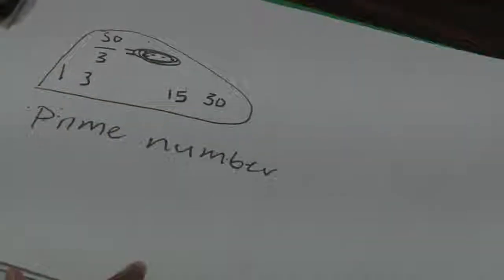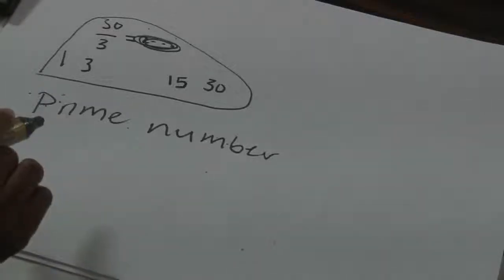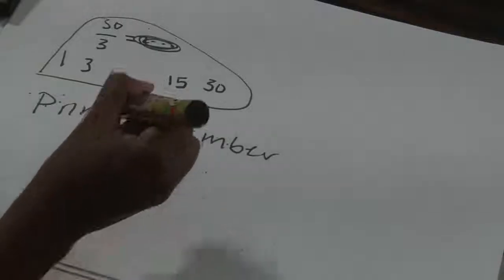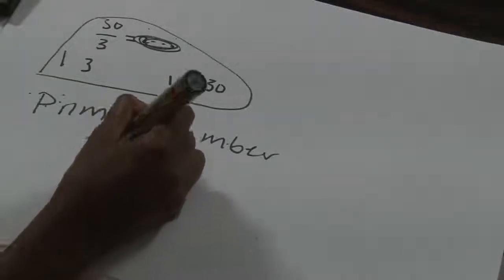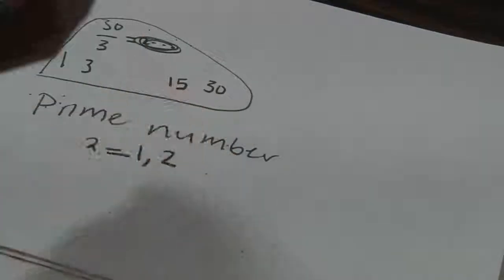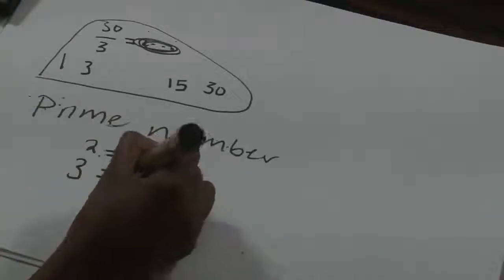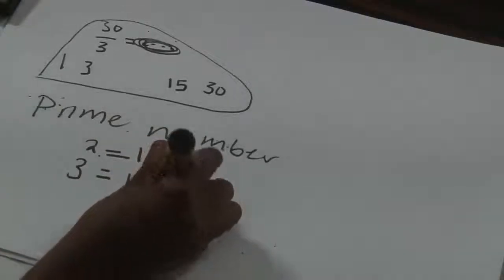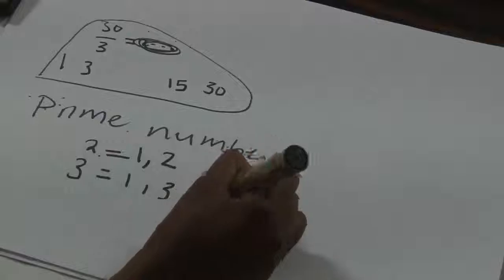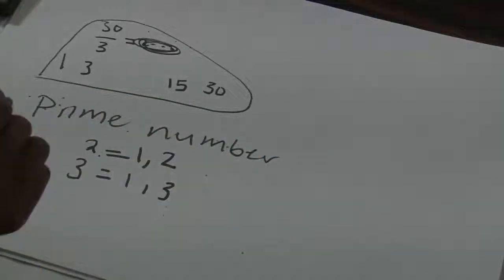So what are the factors of 30 that are also prime numbers? If you look, for example, they gave a 2 there. If you look at 2, how many numbers divide 2? It's just 1 and 2 itself. If you look at 3, how many numbers divide 3? It's just 1 and 3 itself. Otherwise, you just get 1 point something, which is not going to make it a prime number or a factor of 3 either.